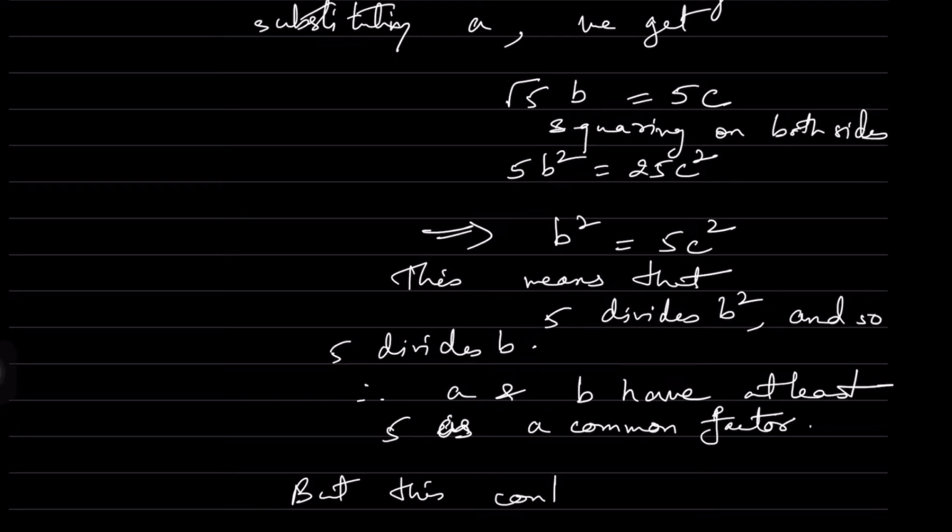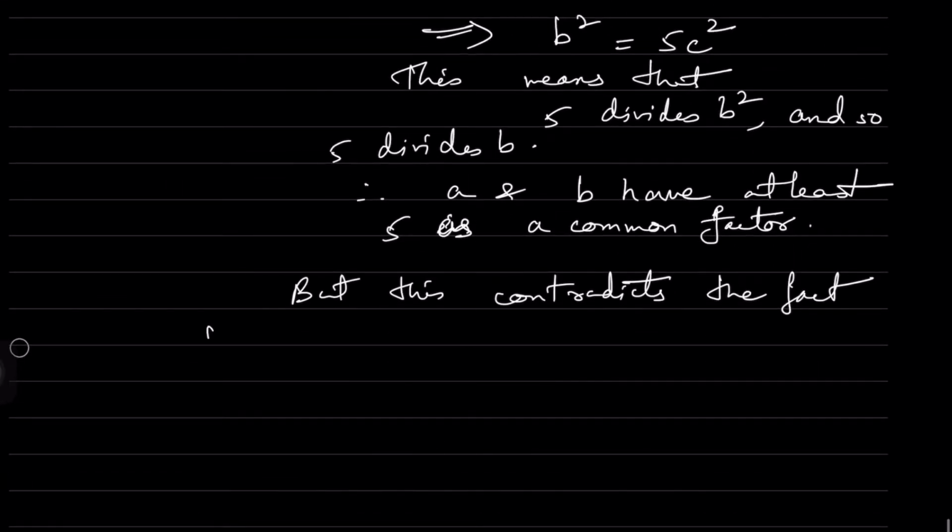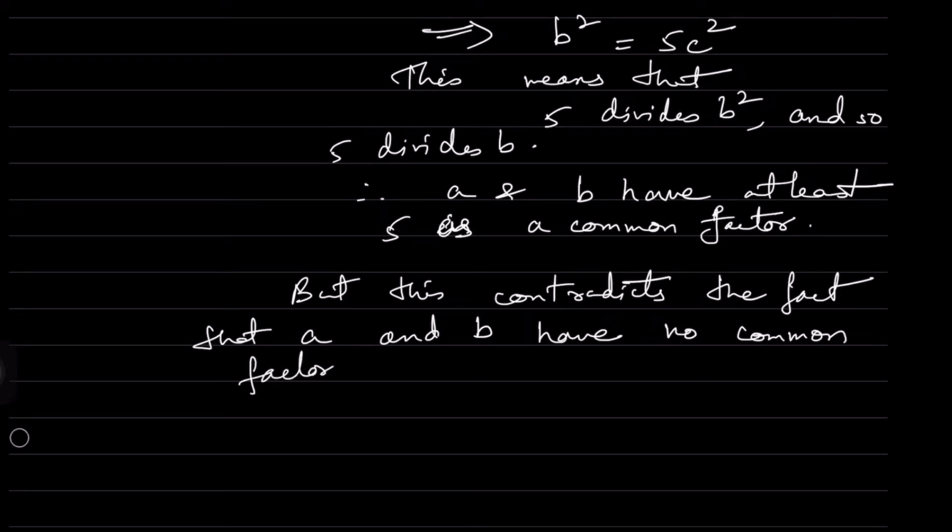So there is a common factor, so these cannot be coprime numbers. A and b cannot be coprime. So this contradicts the fact that a and b are coprime or have no common factors other than 1.